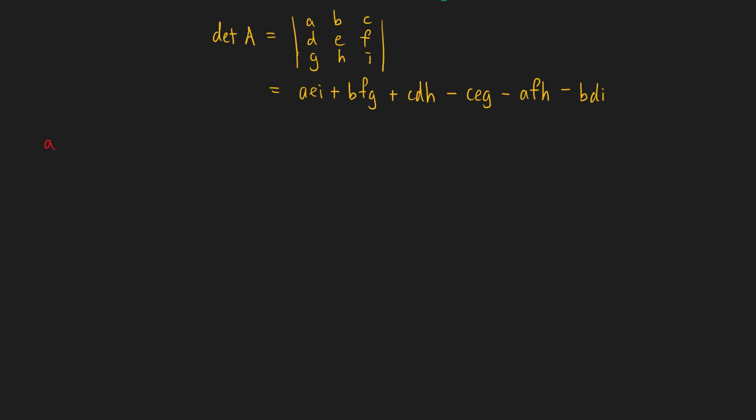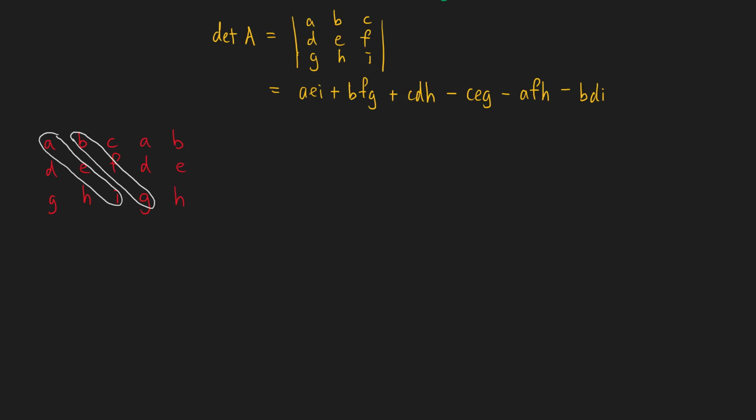First, let's see how we can remember this long expression. One way that we can do so is to first write the entries of the matrix, and write the first and the second column again on the right. Observe that the first term, namely aei, is the product of the main diagonal entries of this 3x5 matrix. Also, the second term, bfg, is the product of the diagonal entries on the right of the main diagonal.